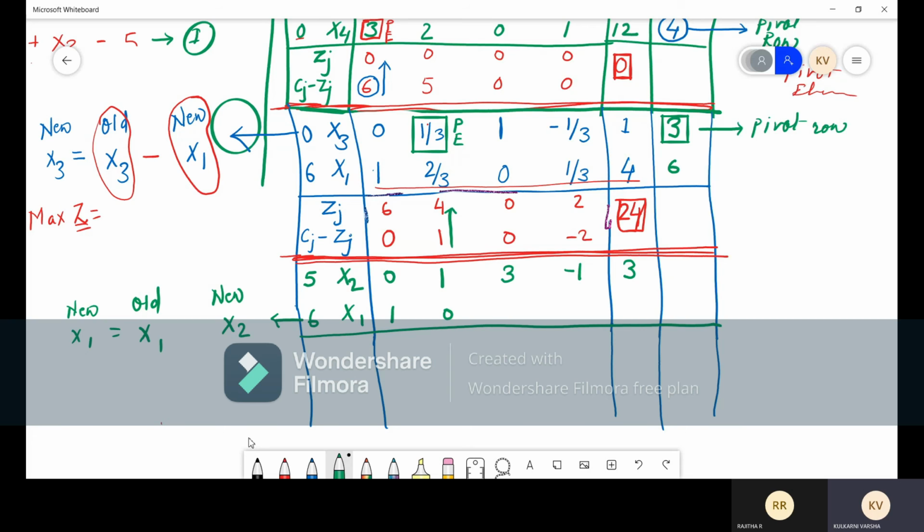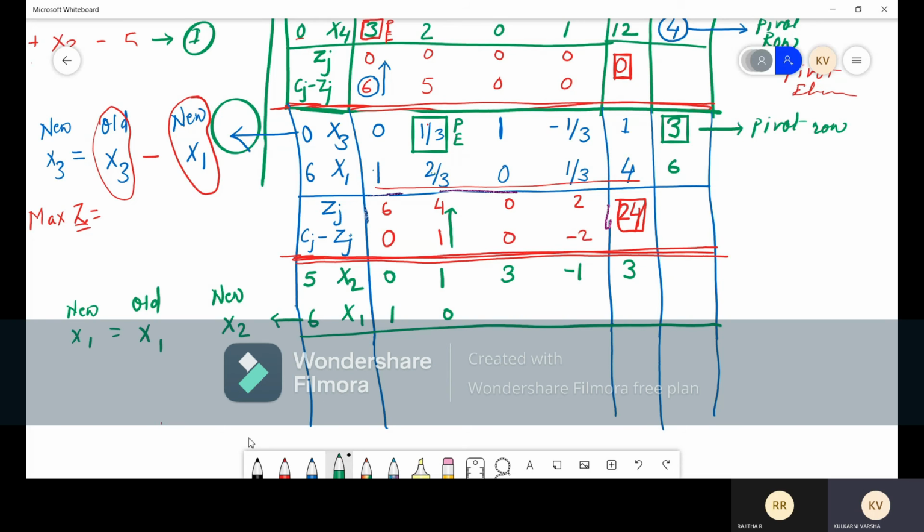So here we have 1 and here we have 2 by 3. If we do 2 by 3 minus 1, we will not get 0 with simple subtraction. If you want 0 over here, then this value also should be the same as 2 by 3, right? This is old x1, 2 by 3.